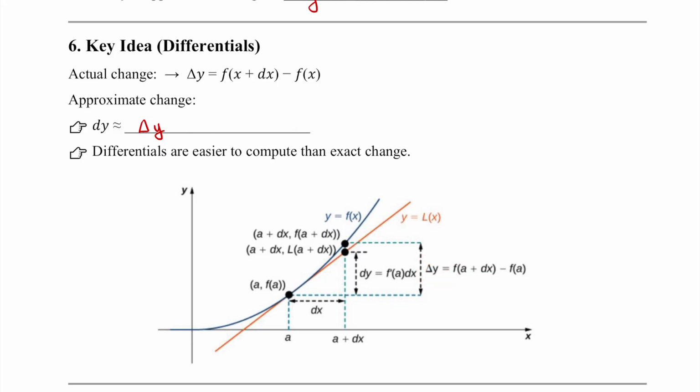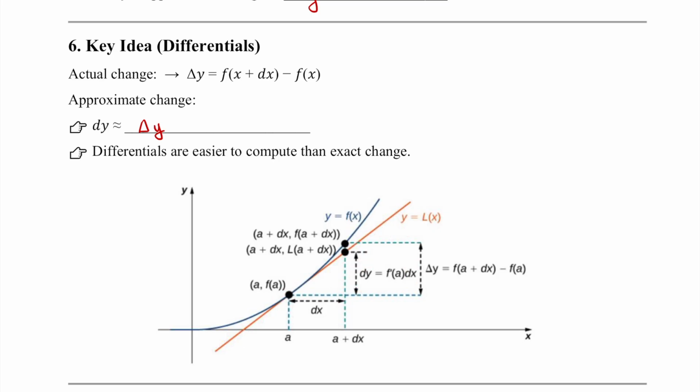Now, let's look at the second x value again. The point on the blue curve and the point on the tangent line are different. The point on the tangent line is the approximation of the point on the blue curve. So if I take the y value of this point minus the y value of this point, I get the differential, which is the approximate change of the y value, which is dy.